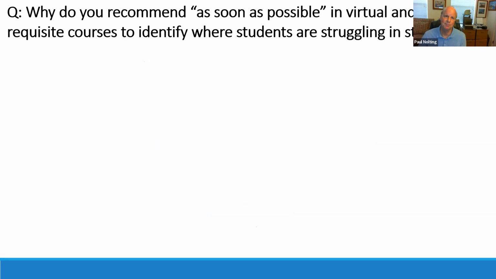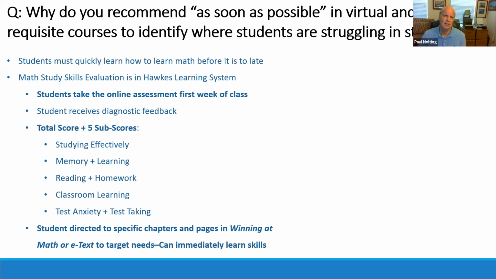Okay, let's look at this one. Why do you recommend as soon as possible to start to identify students who are struggling and help them with study skills? This is pretty good too, the same thing. Students must learn quickly. Now, if I had you raise your hand right now, which you can't do literally, after the first test, I make a 50 on the first test.